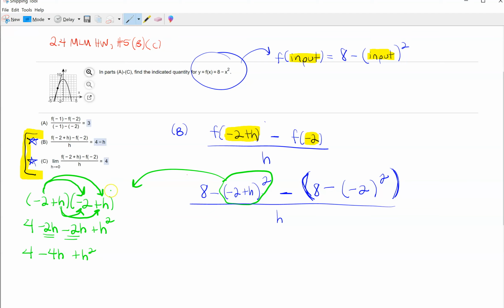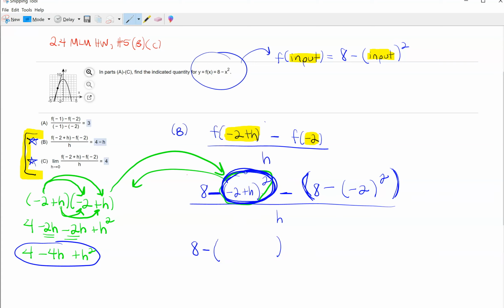Okay, so I'm going to put that information back into this difference quotient. So what do I really have? I have 8 minus this trinomial, which replaces this binomial square. I'm going to put the trinomial in parentheses because I need to subtract the entire result of the binomial square. So I need to subtract 4 minus 4h plus h squared.